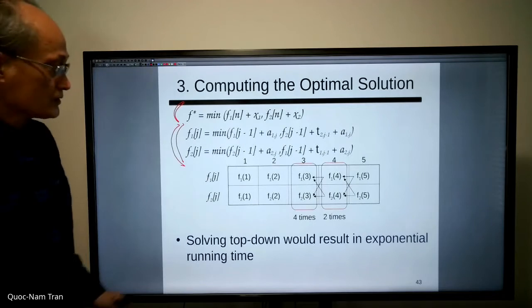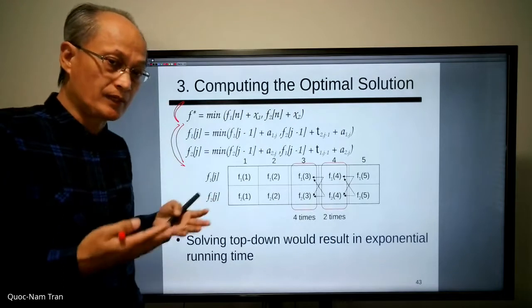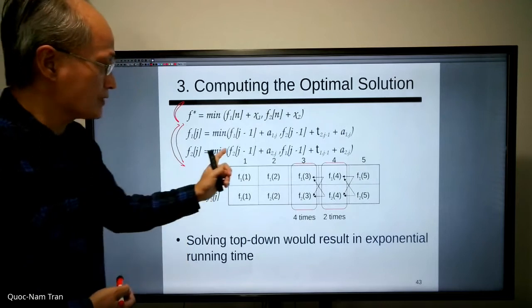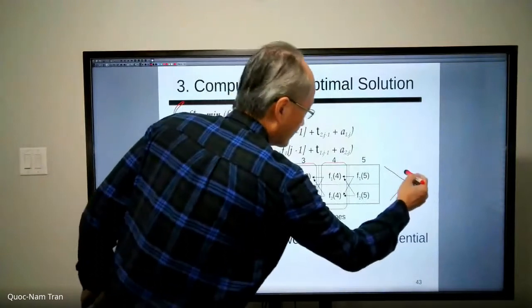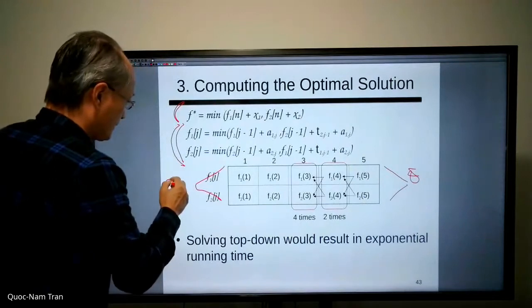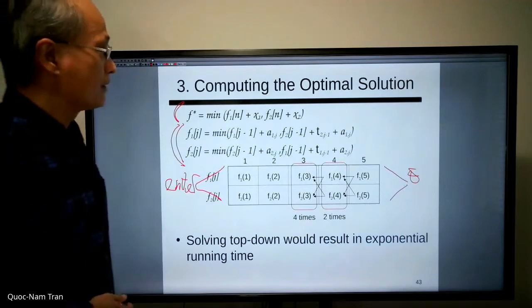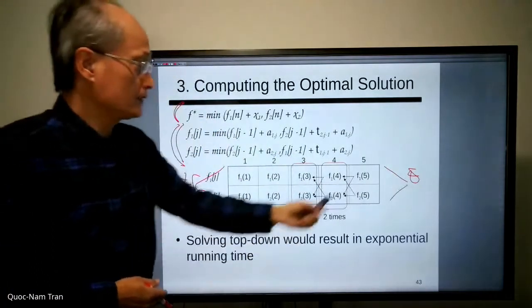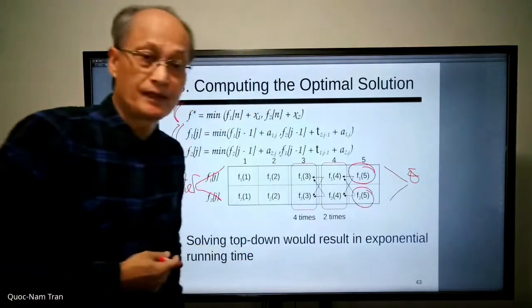Okay, so let's look at one example we have. If the assembly lines have 5 stations, right? Remember that we have station 1, 2, 3, 4, 5, and then we have the exit and the entering. When we want to calculate the F star, we need to calculate F15 and then F25, right?